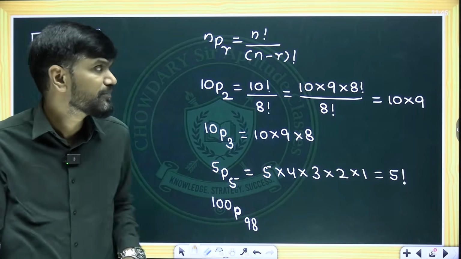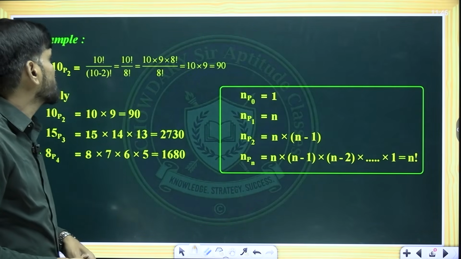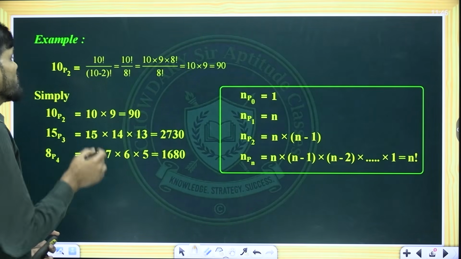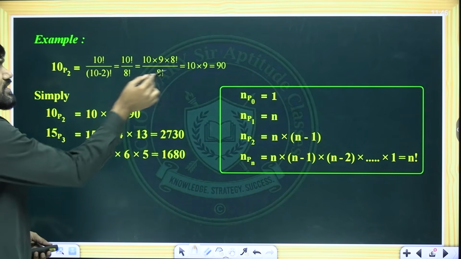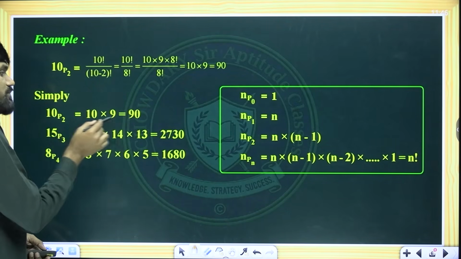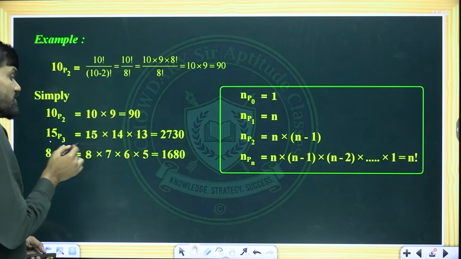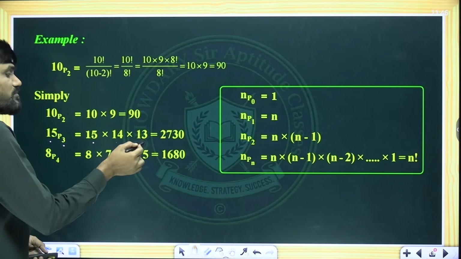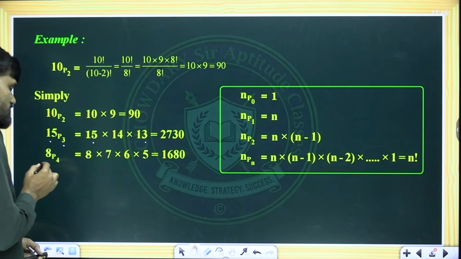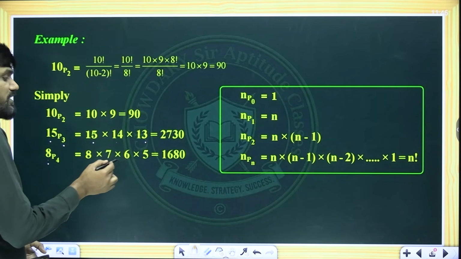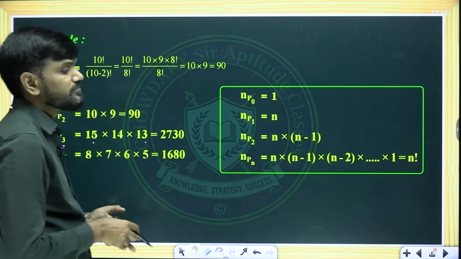Keep this in mind. Now coming to the facts related to this one. As I said, 10P2 is nothing but 10 into 9. Similarly, 15P3: start with 15, write 3 numbers. 8P4 means start with 8, write 4 numbers: 8 into 7 into 6 into 5.